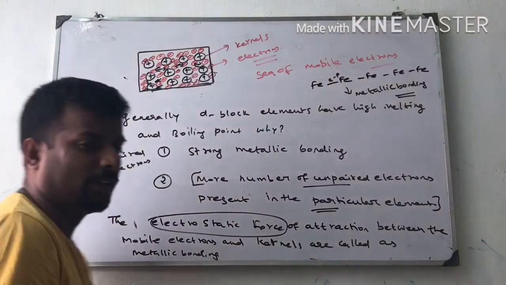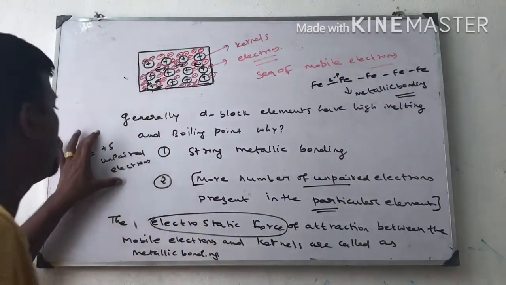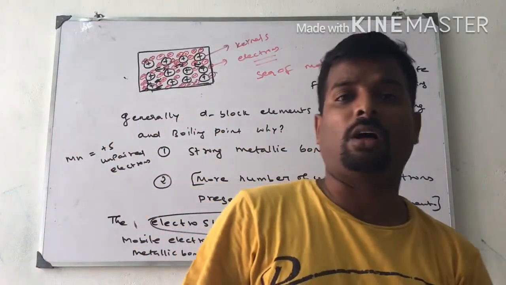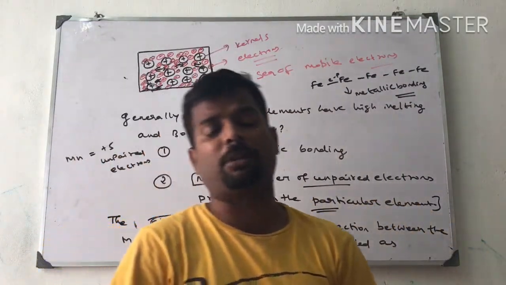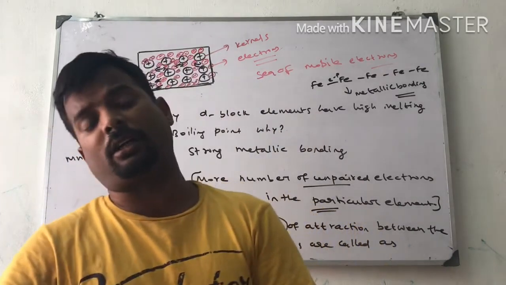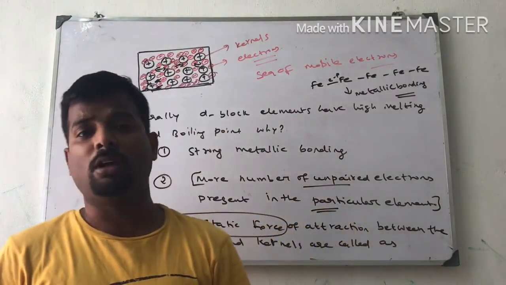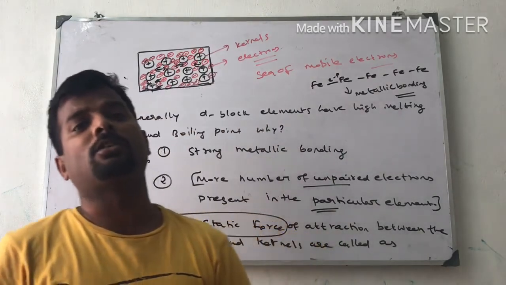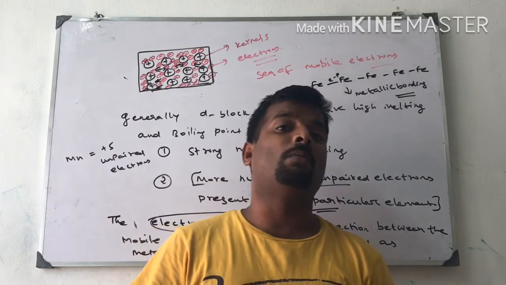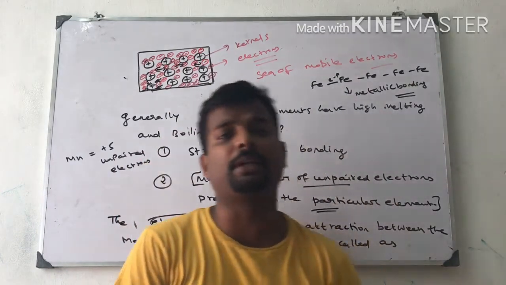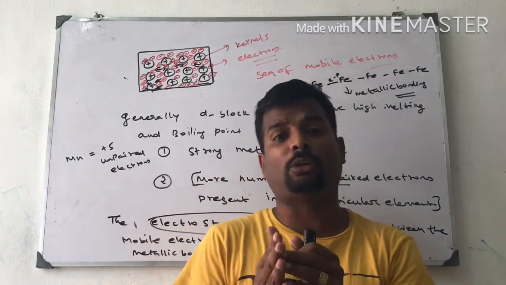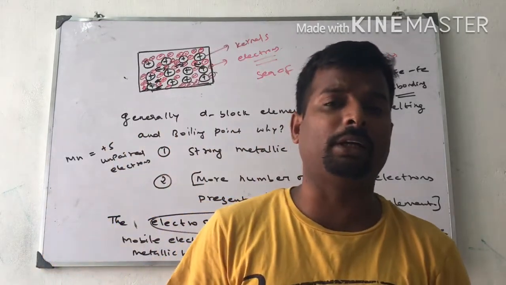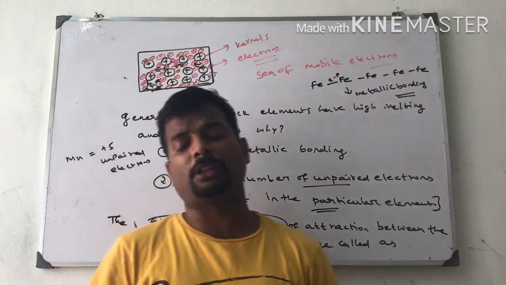So the bonding is very strong. If there are more unpaired electrons, the sea of unpaired electrons is strongly surrounded by the positive end of the other atom, and then the next atom, and like that the attraction forms. So the more unpaired electrons present, the more the attraction. More attraction means more bond dissociation enthalpy, more energy needed to break the bond. That is why the melting point and boiling point of d block elements are very high.